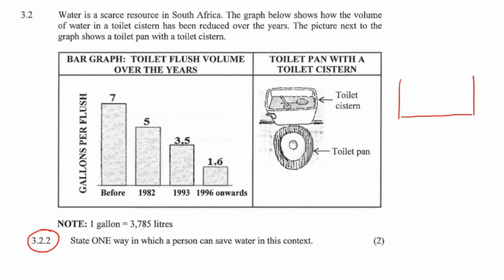Now that cistern has a certain level of water, and that level of water is very accurate. It's got something inside that can measure the level of water and make sure that it's perfect. Now, when you flush the toilet, that water goes all the way down. Like it empties out completely. And then after you flush, you can hear that noise.